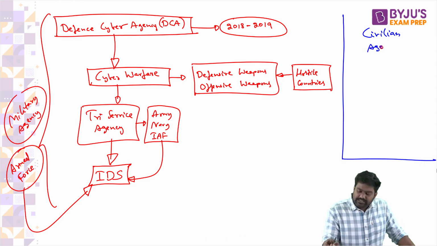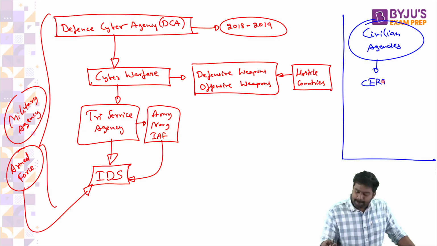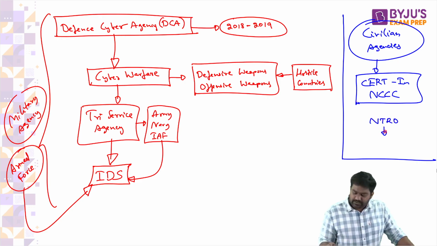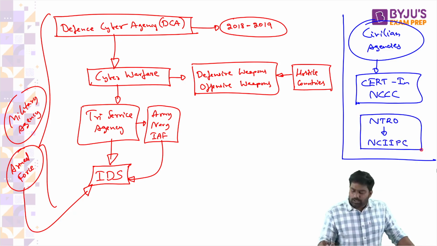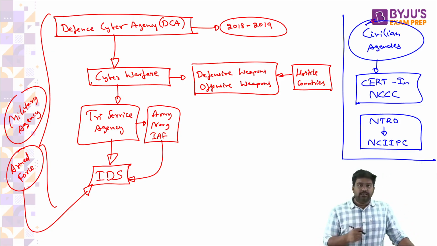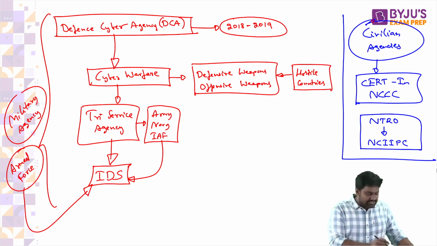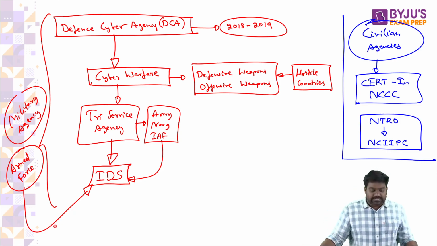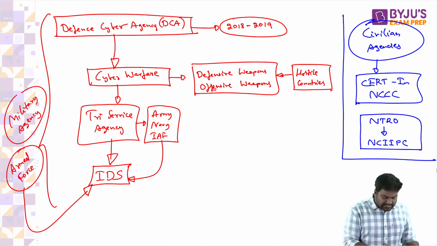Your civilian cyber agencies include CERT-In, your NCCC, which is under CERT-In itself, NTRO, which is a technical intelligence agency, and NCIIPC, which is under NTRO. All these are civilian agencies manned by civilian officials. Is that clear? Whereas Defense Cyber Agency is an armed force manned by soldiers from the Army, Navy, and Air Force. It's a tri-service agency which will specialize in cyber warfare.